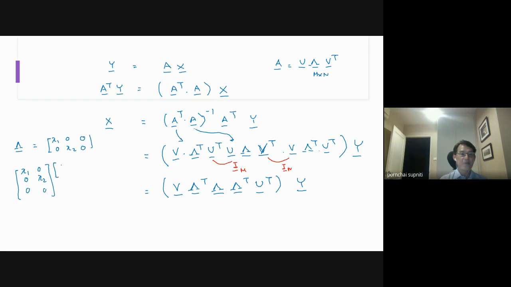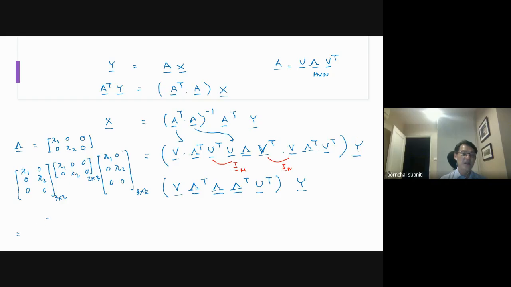Then I multiply with lambda 1, 0, 0, lambda 2, 0, 0, and then again with lambda 1, 0, 0, lambda 2, 0, 0. So this is a 3 by 2, this is a 2 by 3, and this is a 3 by 2.